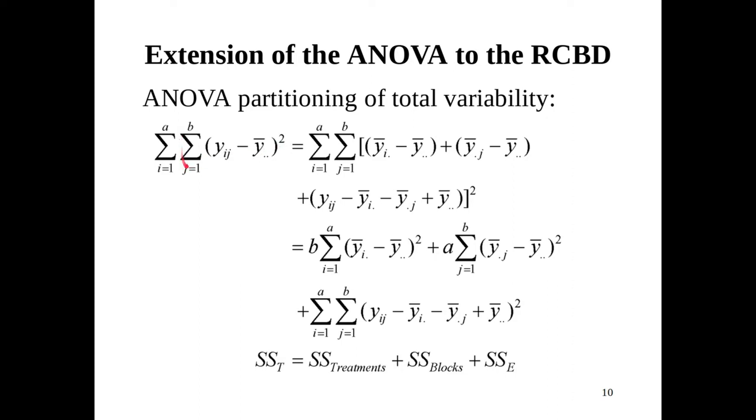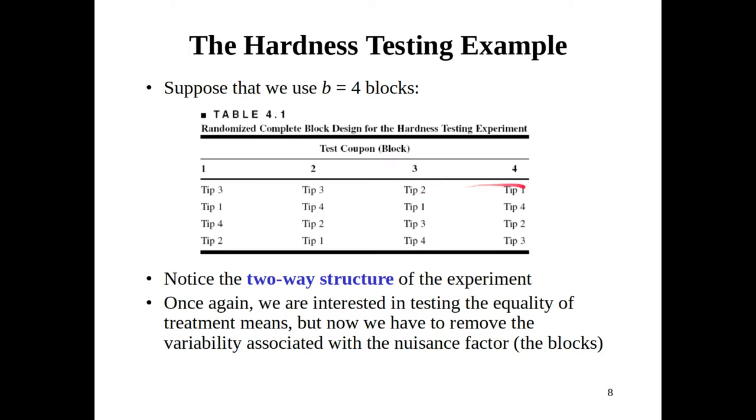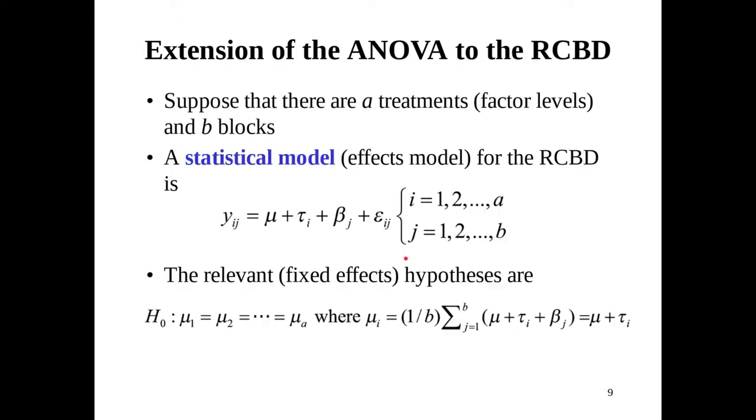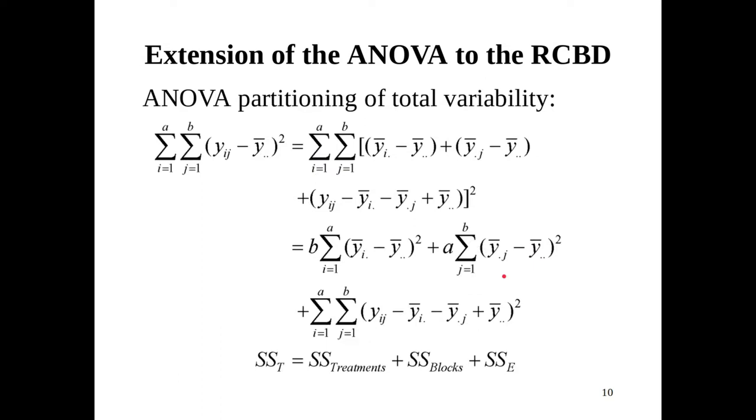And then we sum it for all yij's, all the observations in this table. So we take that total variability and then we partition that into these three factors: tau sub i, beta sub j, epsilon sub ij.